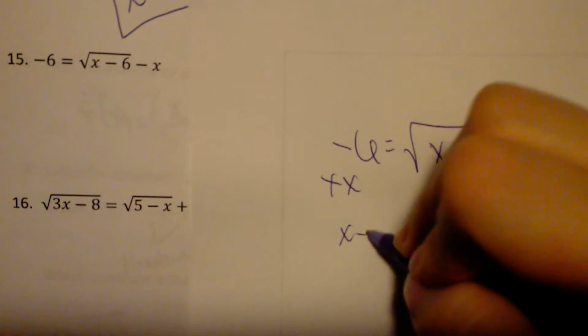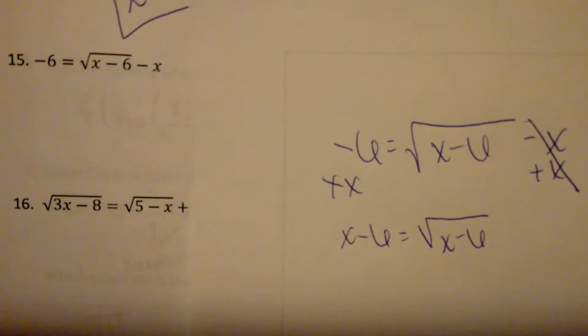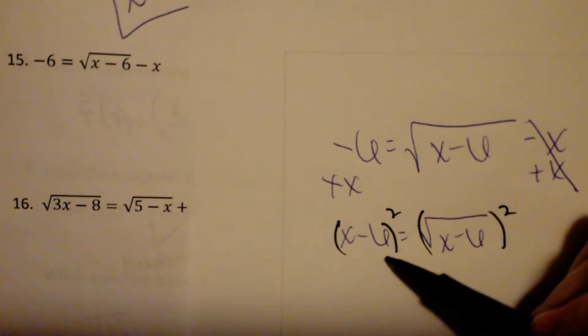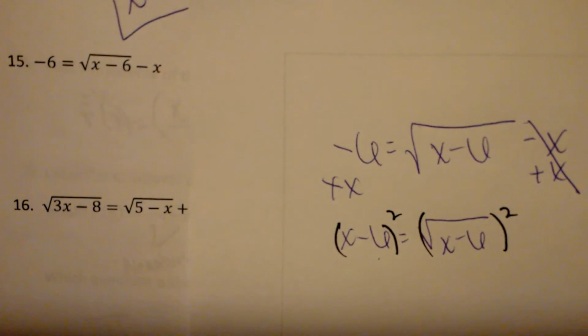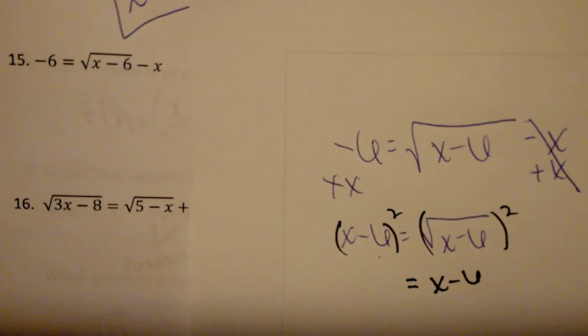And I get x minus 6 equals the square root of x minus 6. So I'm going to square both sides. The right side just becomes x minus 6.